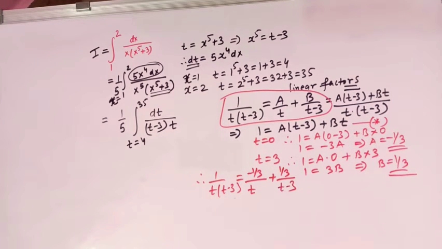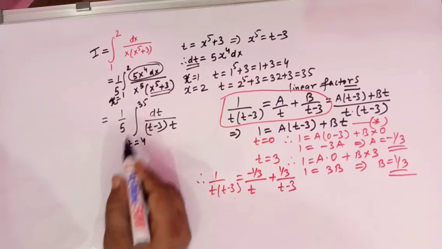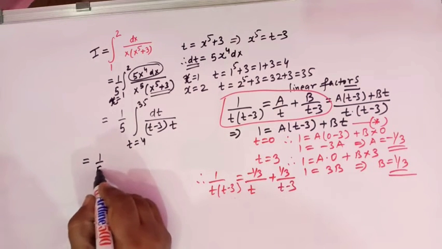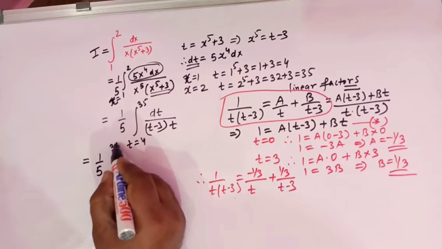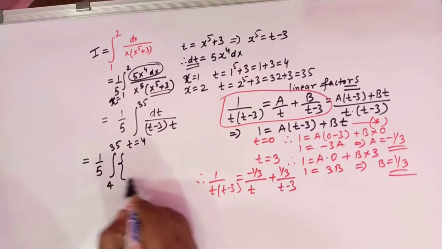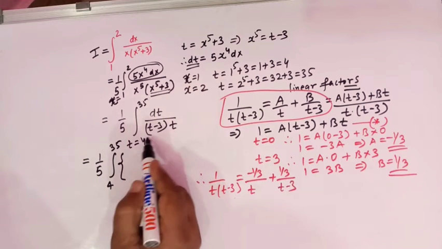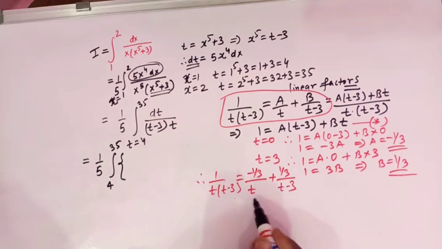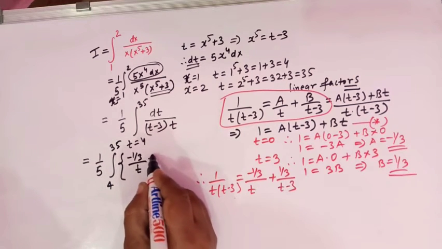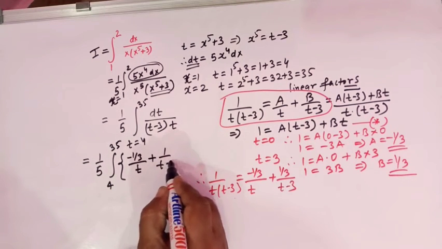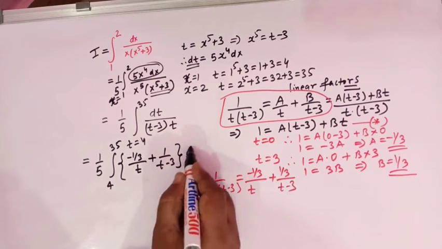Now this integral becomes 1 over 5, with limits from 4 to 35, and the integrand is minus 1 over 3t plus 1 over 3(t minus 3) dt.